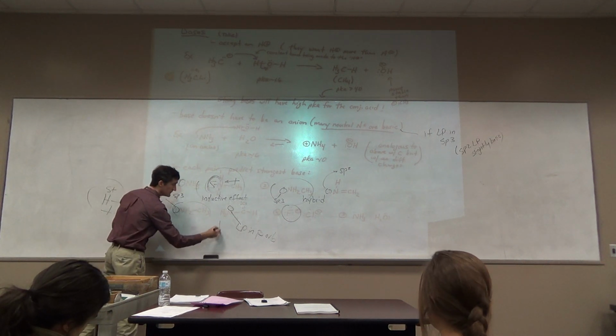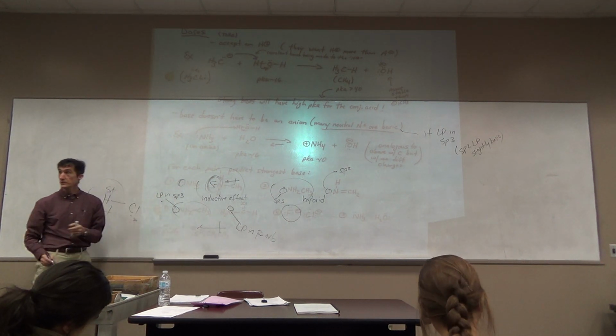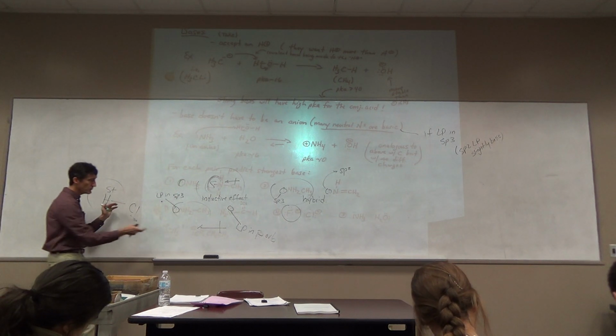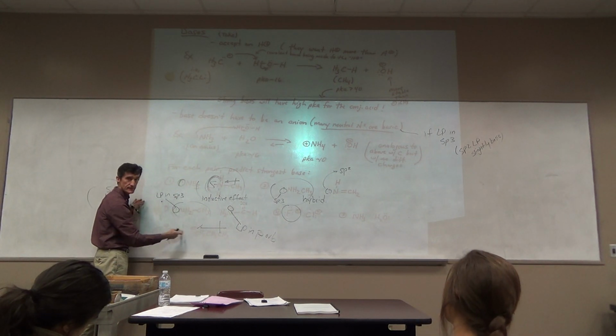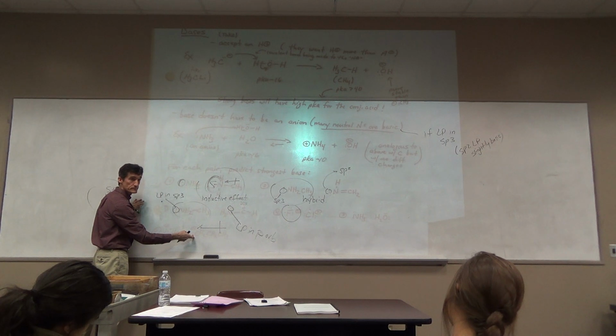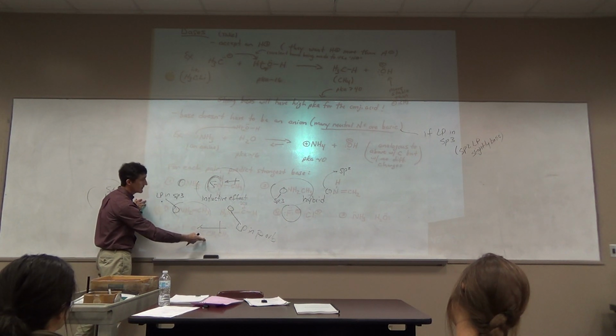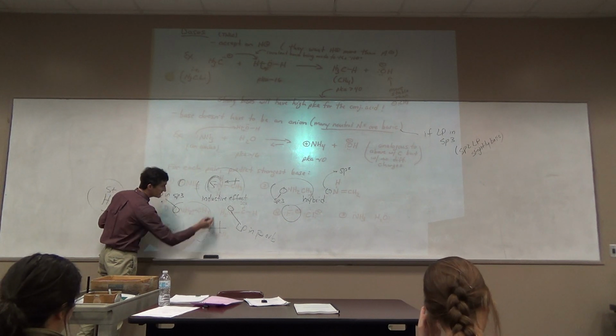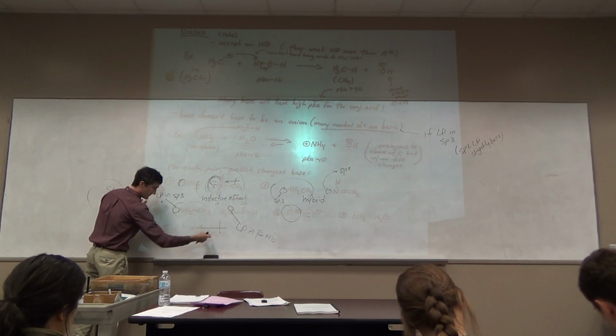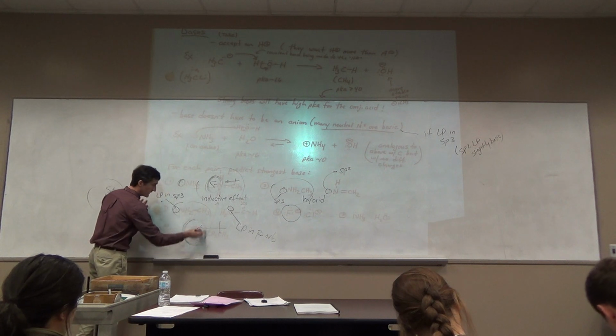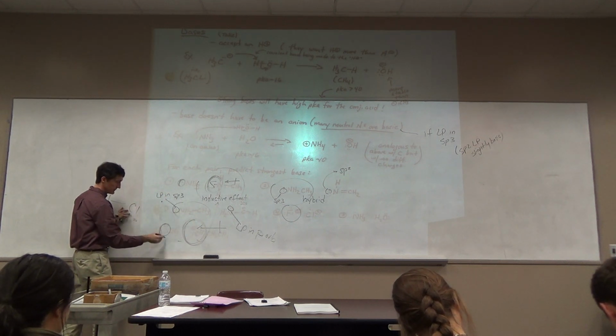More sp3 carbons? More donation? Which one has more electron density at the business end? This one. Okay? All right. This is an inductive effect again. Donation makes this more electron rich compared to this.